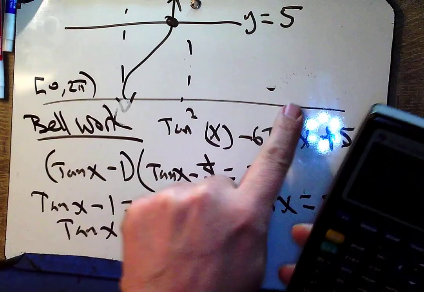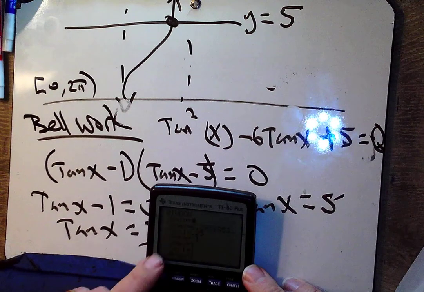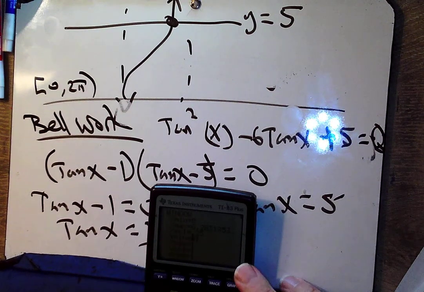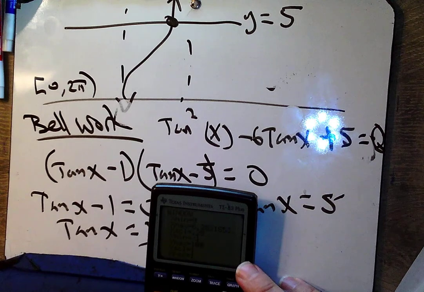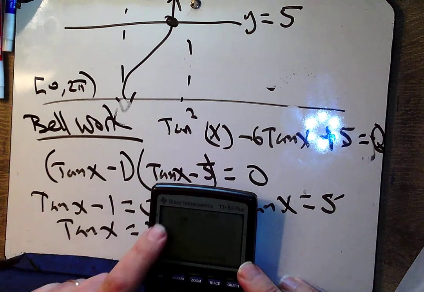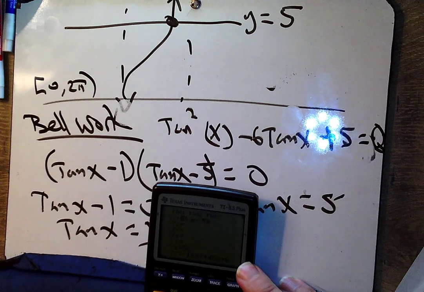How about 0 to 2 pi? And we want to see that y value of 5 show up, so I'm going to go up to 10. And we wanted tangent x, and we wanted 5.